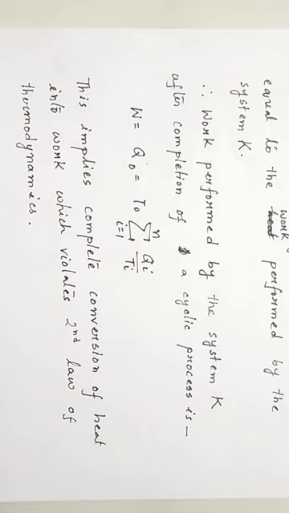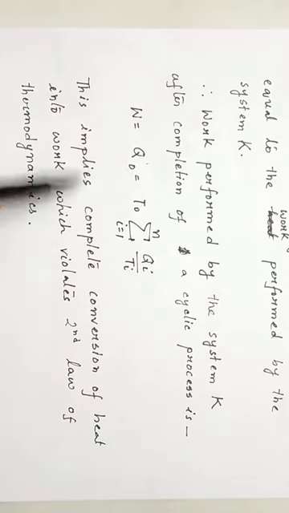We know that the second law of thermodynamics, which is the Kelvin-Planck statement, states that it is impossible to construct an engine or device which produces no other effect than absorbing heat from a single reservoir and converting it completely into work.